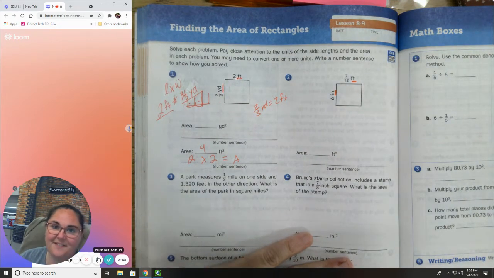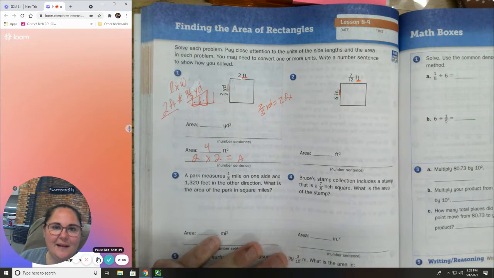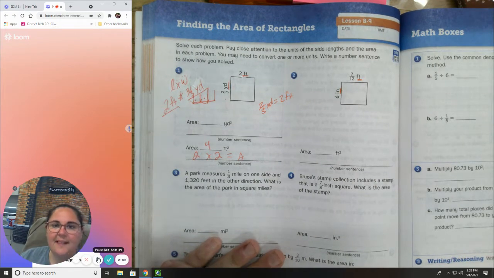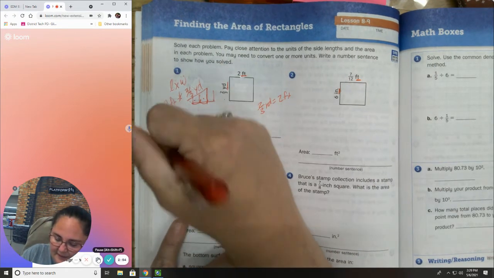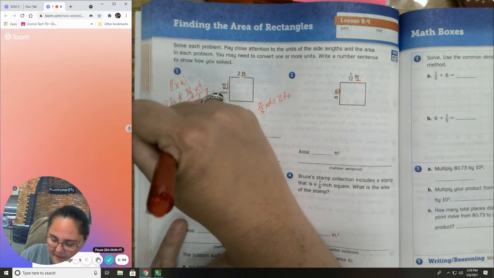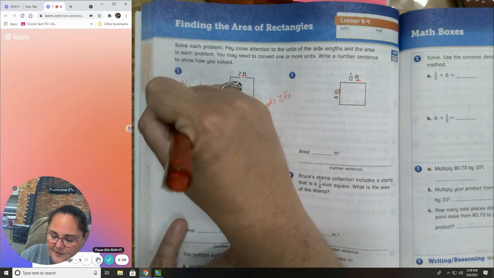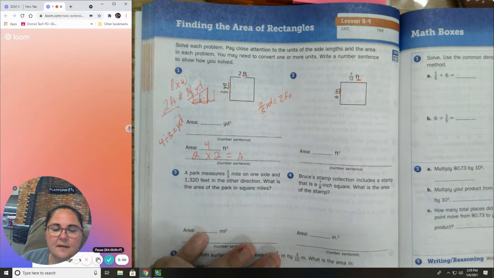Now, the fun part for me is to make this into yards. I know that if I divide this by 3, that equals how many yards we have. To find an answer from feet to yards, you're going to divide by 3.